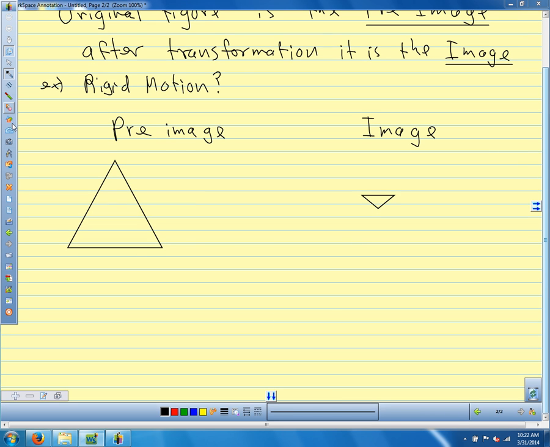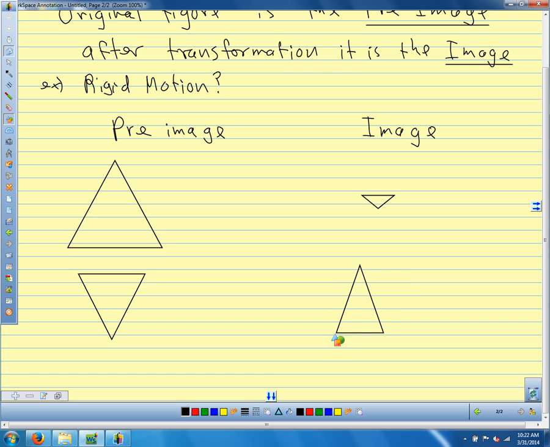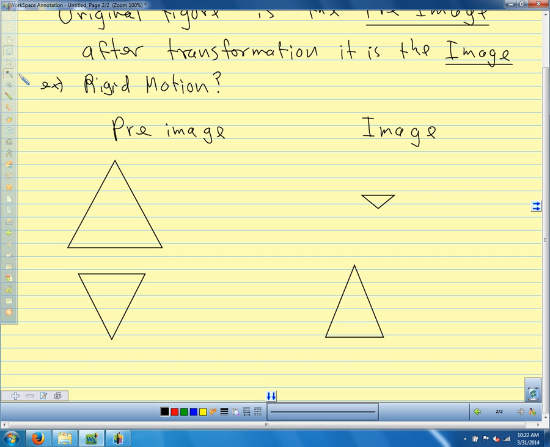How about this one? Does this appear to be a rigid motion? If I could draw perfectly, does it appear to be a rigid motion?